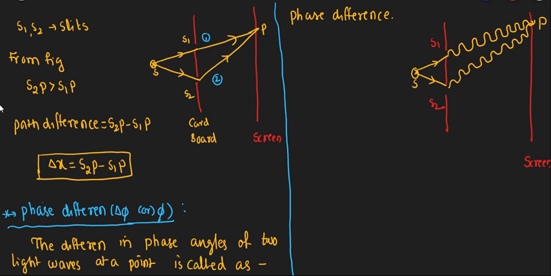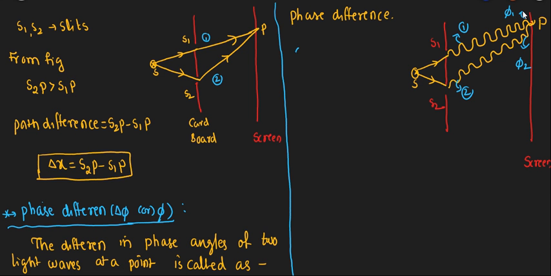This is the first light ray, and this is the second light ray. After reaching the point P, the first light ray has the phase angle phi 1, and the second light ray has the phase angle phi 2.